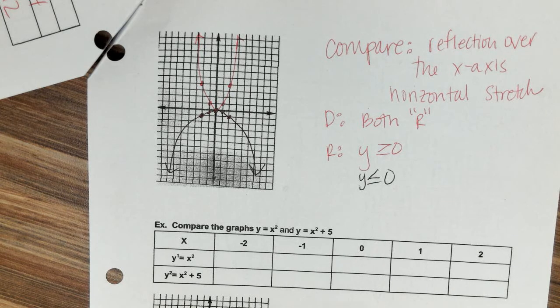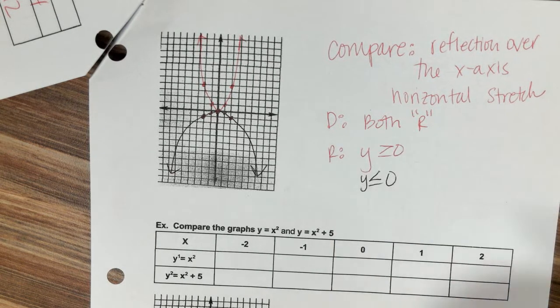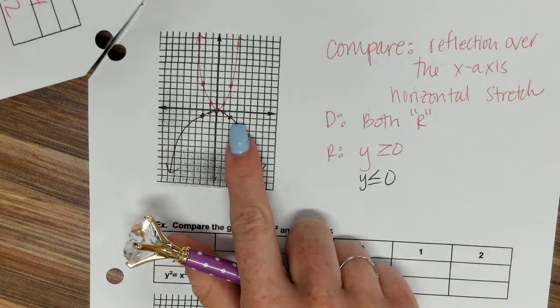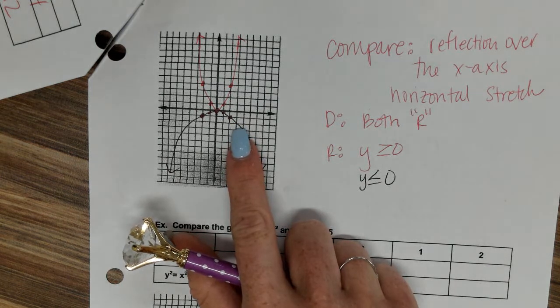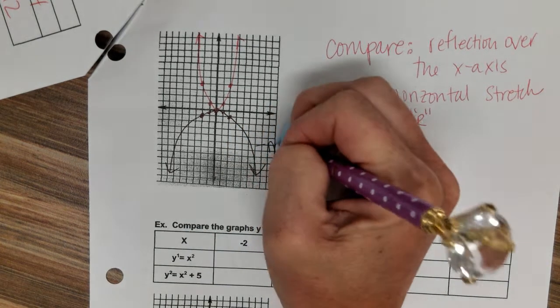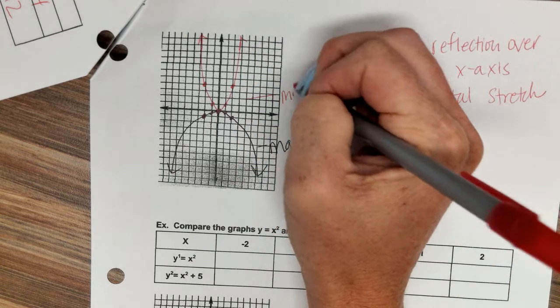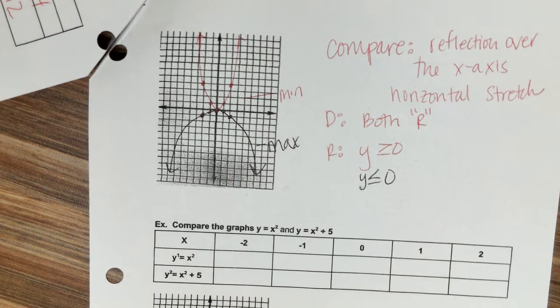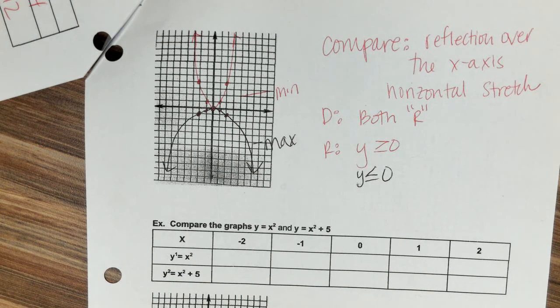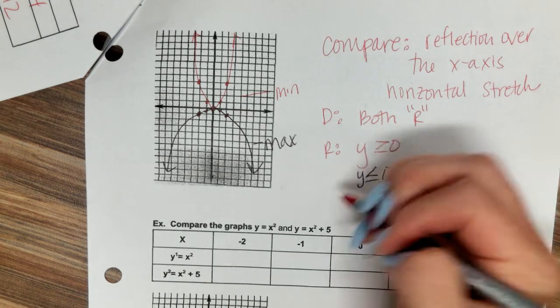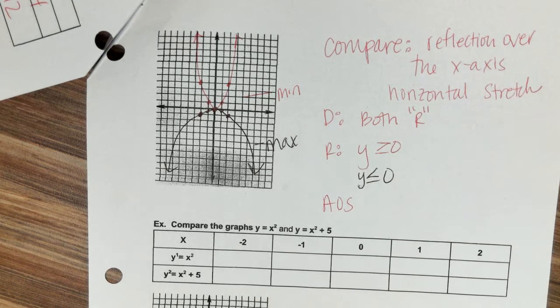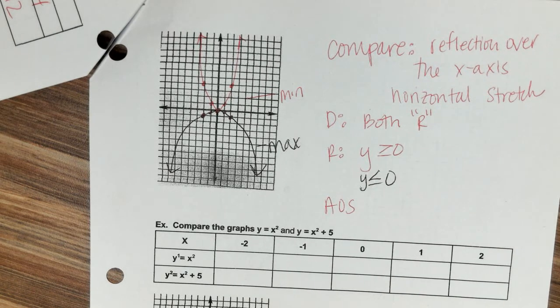All right, and the last thing is minimum or maximum. So this one has a maximum, and this one has a minimum. How about their axis of symmetry? Is it the same or is it different? It's the same, and what is it?